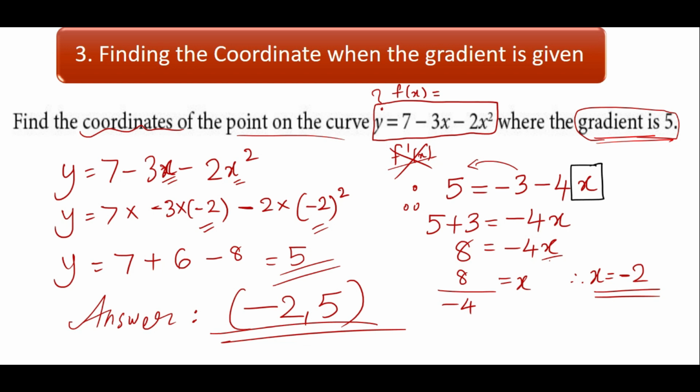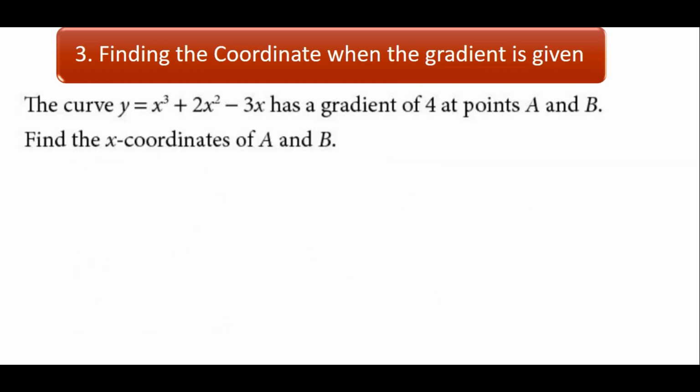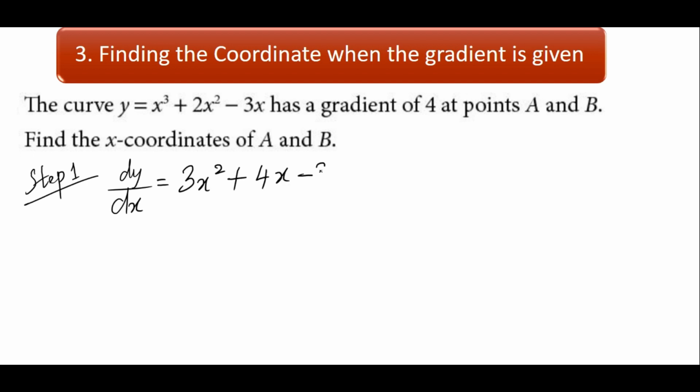Solving one more question. The curve y equals x cubed plus 2x squared minus 3x has a gradient of 4 at points A and B. Find the x coordinates of A and B. Step 1: dy by dx, so 3x squared plus 4x minus 3.